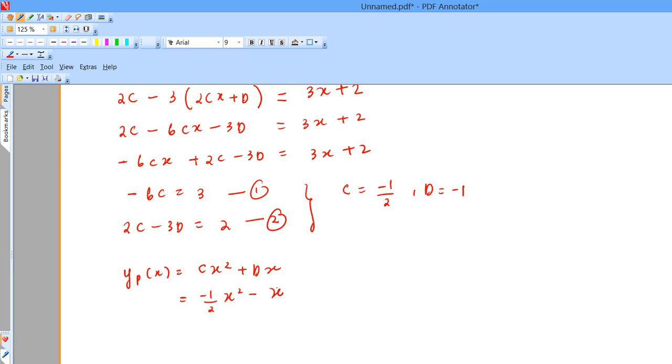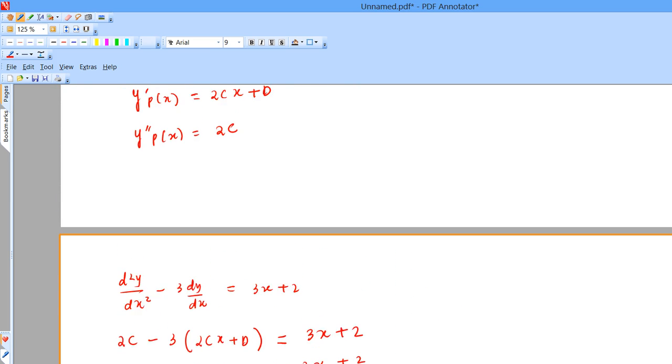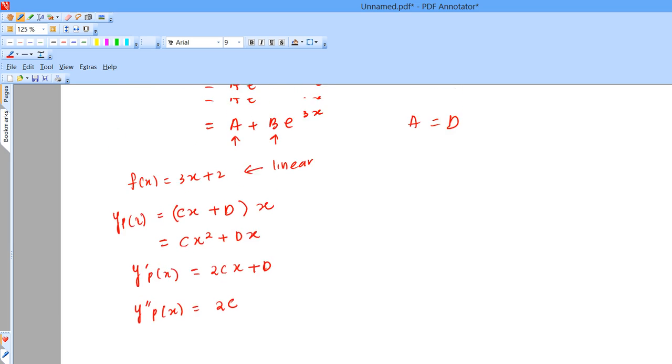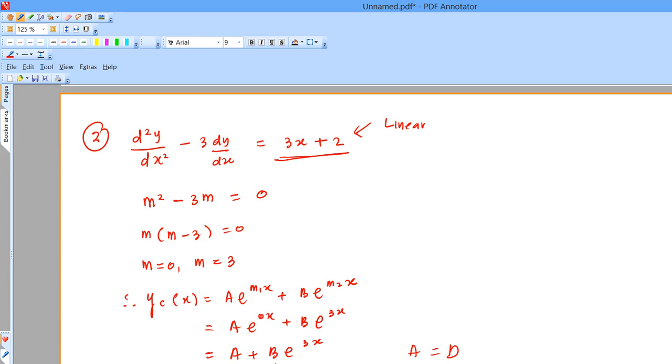Okay, and sorry for this question, actually we have an initial value problem. I want to solve this question when we have initial value problem. Number 1, x equal to 0, y equal to -1. Number 2, x equal to 0, y prime equal to 5.